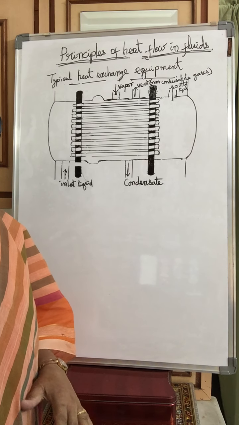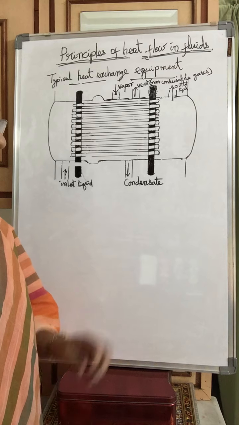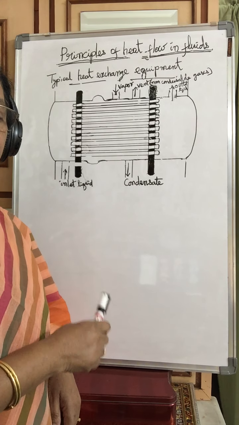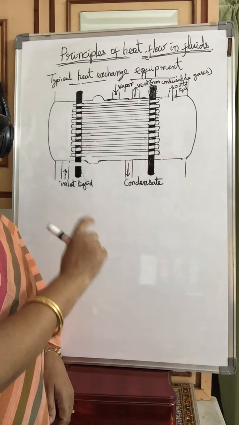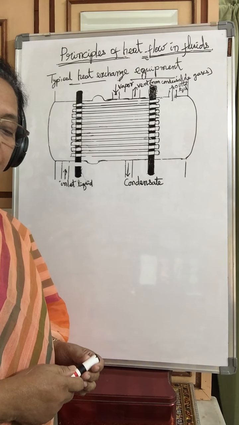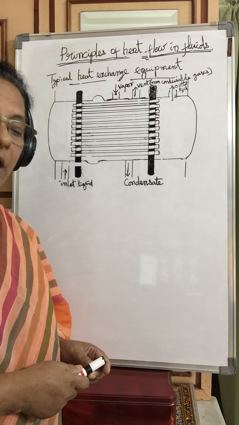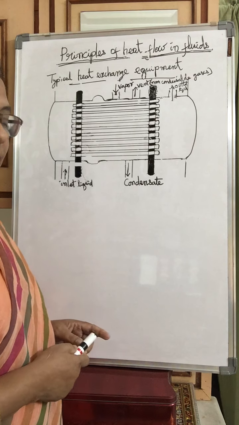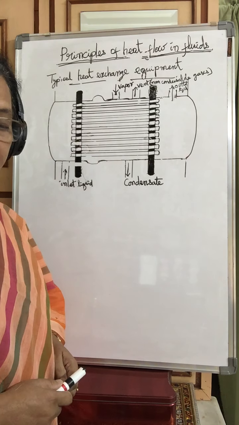Anyway, that is the exchange of heat. Now in this diagram we want to discuss particularly a condenser. With the help of this diagram, we can discuss some basic principles of how heat transfer and heat exchange take place, using this condenser diagram.